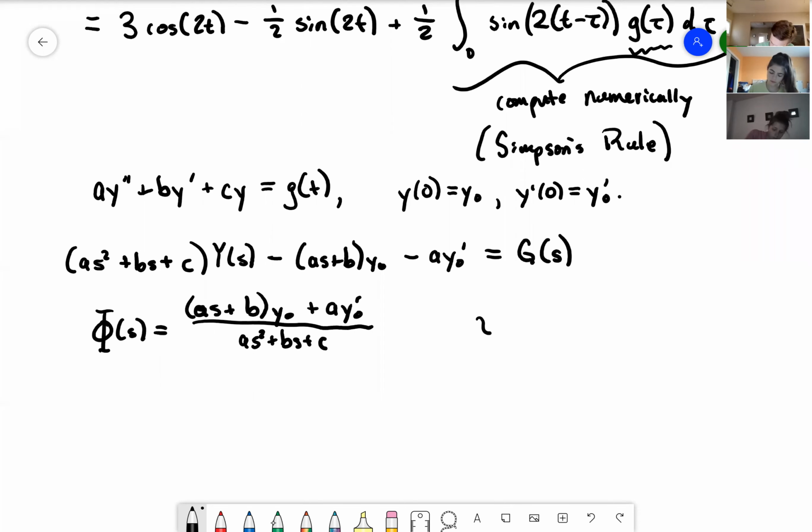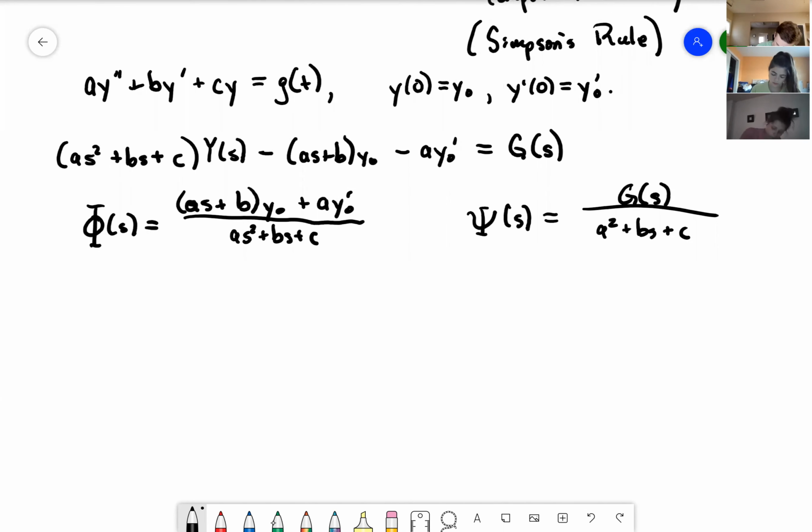And then we'll have psi of s equals capital G of s over the characteristic polynomial. And what we get is that our capital Y of s is just the sum of these.